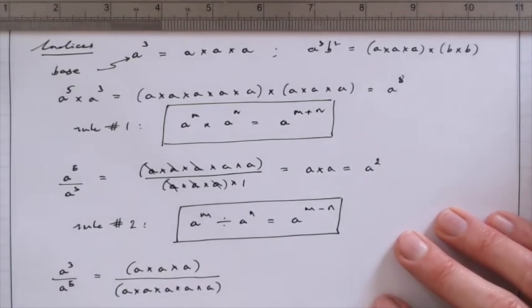So again, thinking about fractions and common factors, I can strike out 3 factors of a on the top and the bottom. Let me just multiply the top by 1, again, just to give you a bit of comfort that we're striking out these factors. So I strike out 1 common factor of a, 2 common factors of a, 3 common factors of a, and I'm left with 1 divided by a squared.